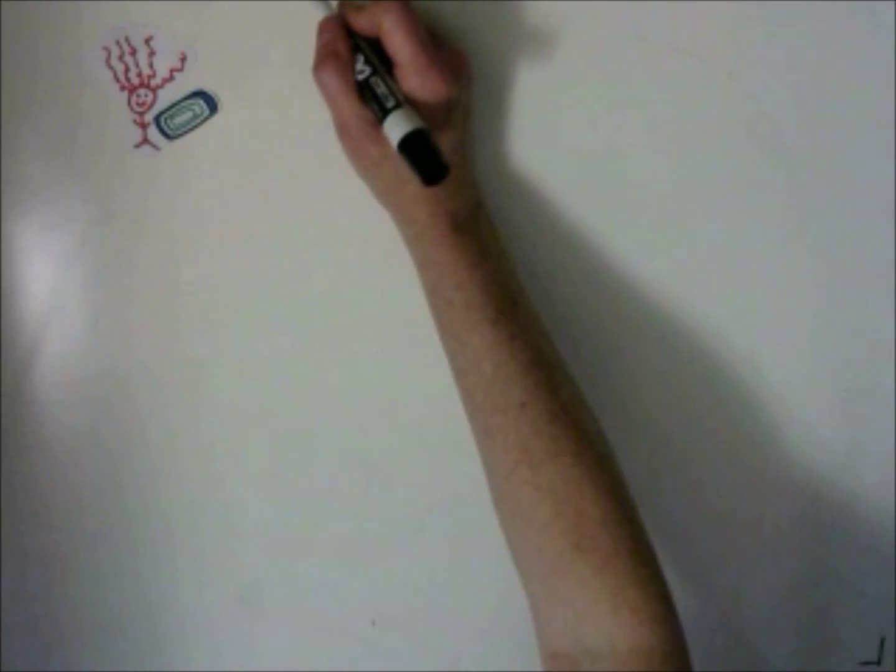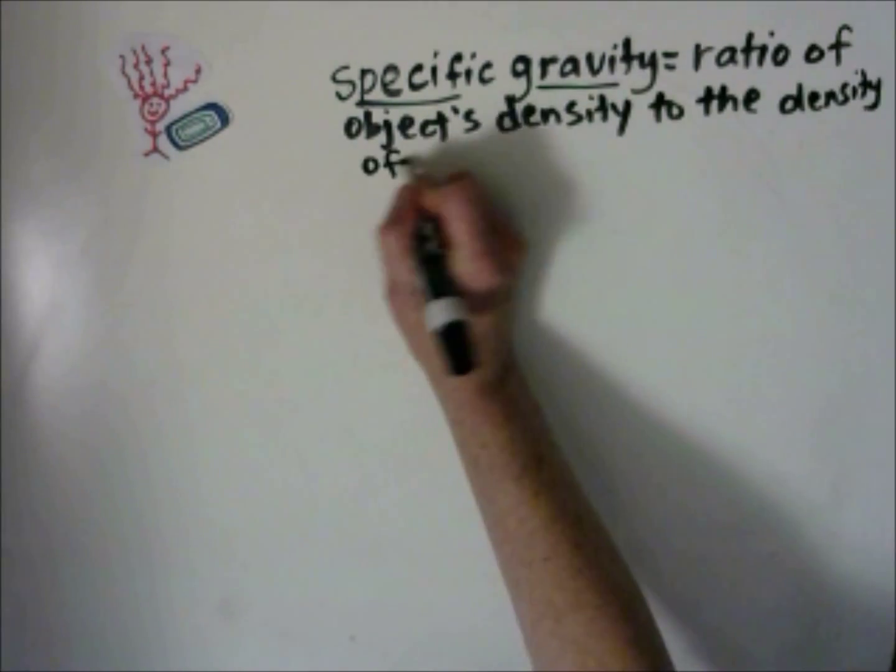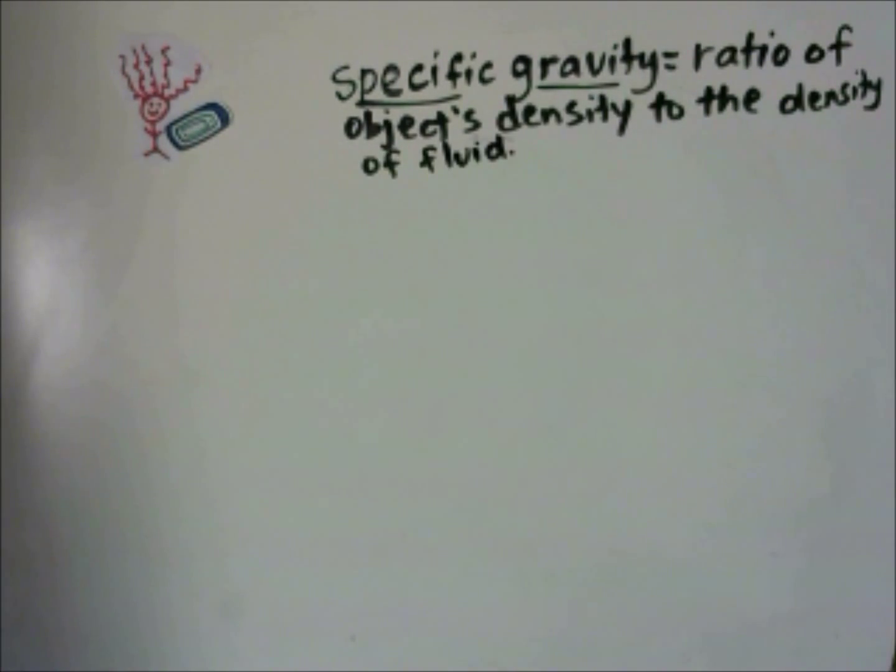Now that we know what the buoyant force is, we can determine whether an object floats, sinks, or doesn't float or sink. To understand that, I'm going to define one more term, specific gravity. Specific gravity is the ratio of an object's density to the density of the fluid that it's in.